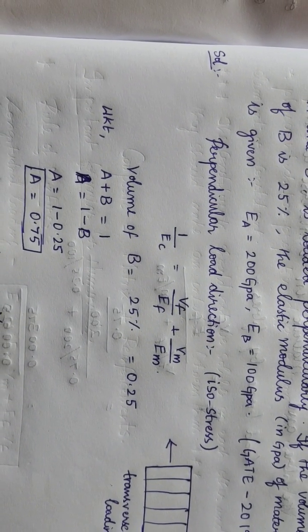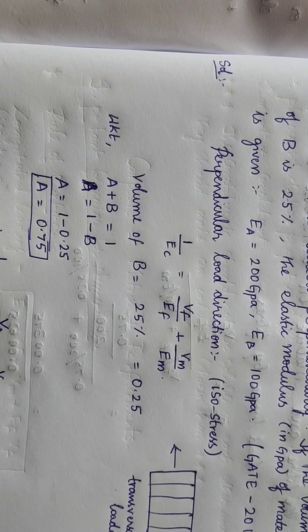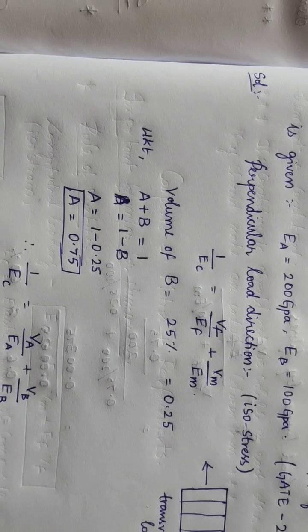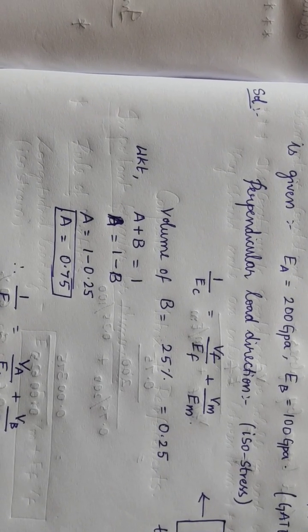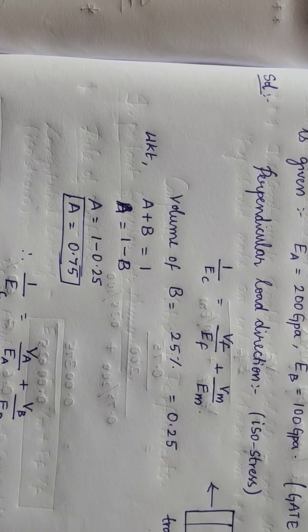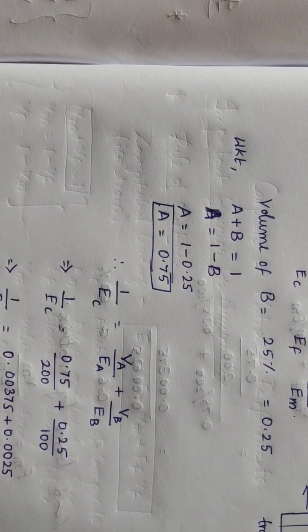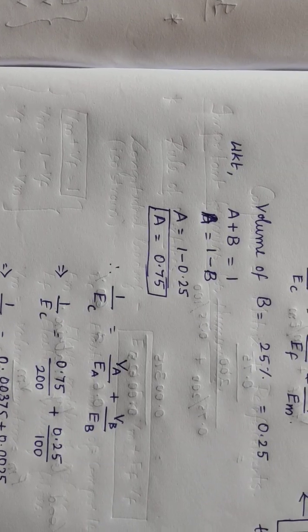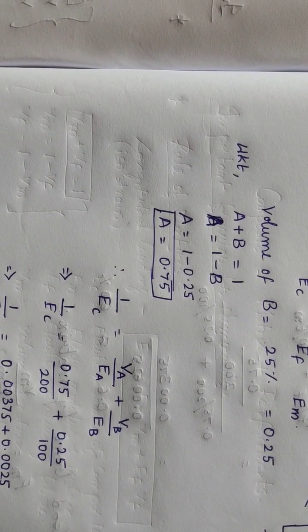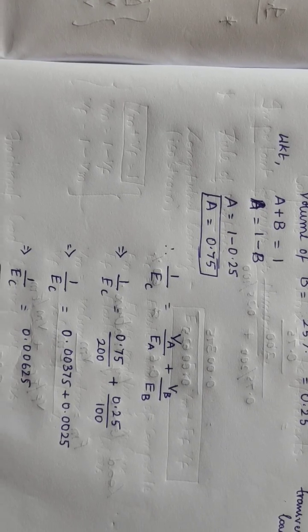We don't know the volume of A, but we can get it from A plus B equals 1. A equals 1 minus 0.25, so we get 0.75. Now we can substitute the values in the formula to get the elastic modulus of the composite, which is 160 GPa.